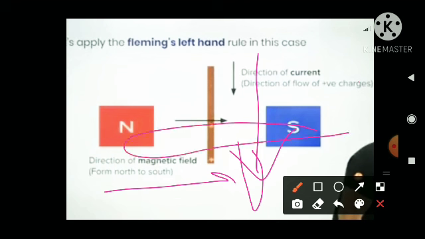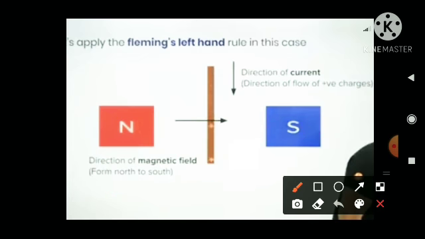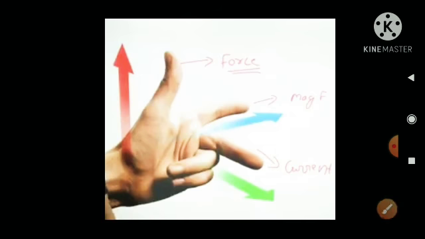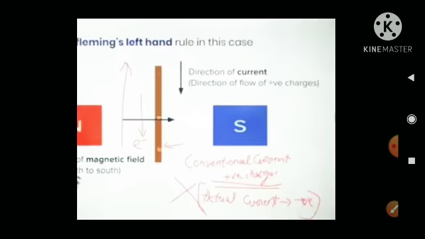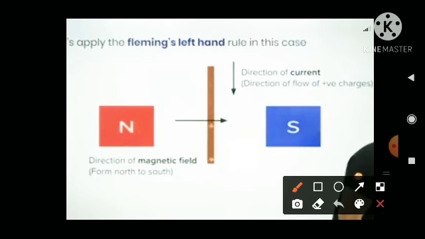And what is the direction of force? The direction of force, of course, is upward. You can check it with your hand. When we put the middle finger downwards with the magnetic field like this, we get the direction of force upwards. By this we can find the direction of force.